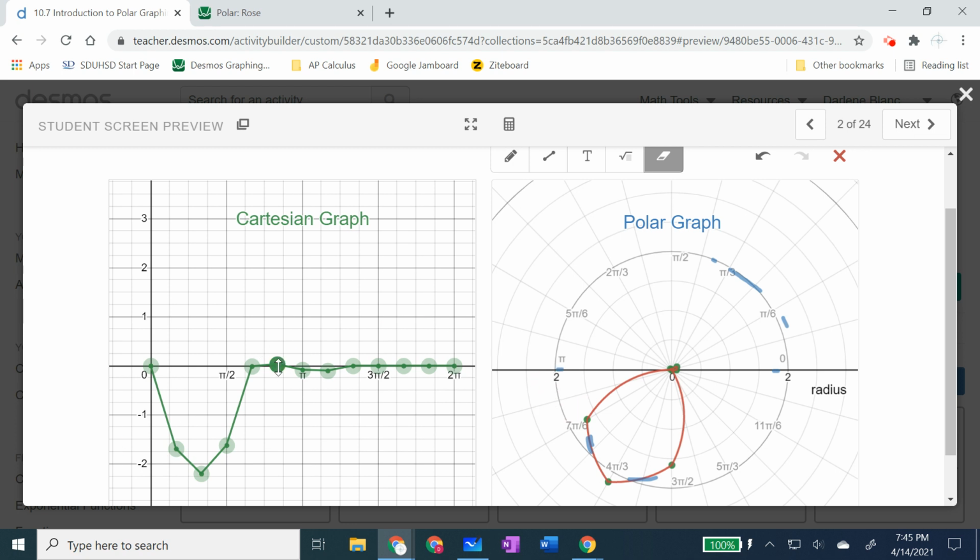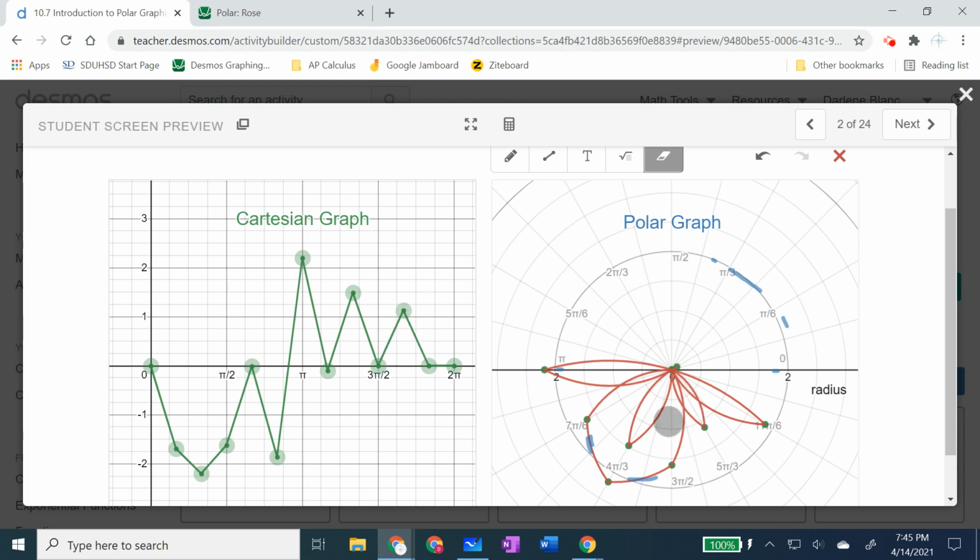This is possibly the most useful thing you can do, is just play with this to understand the relationship of the way graphs work in Cartesian and how that translates into a polar situation. If you go into multivariable calculus after this class, you need to understand polar graphing, because you're going to take that and make 3 dimensions out of it.